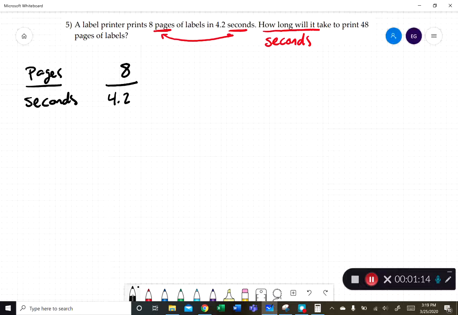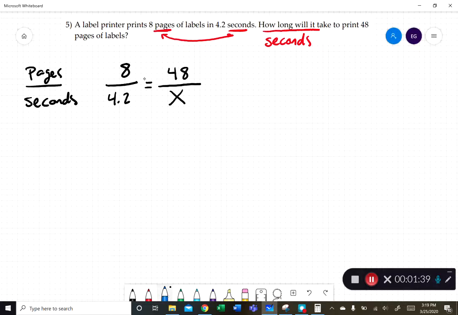And again, a proportion is an equation that says two ratios are equal to each other. So the first ratio is 8 pages goes with 4.2 seconds. The second ratio is that 48 pages goes with an unknown number of seconds.